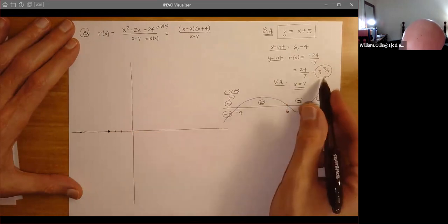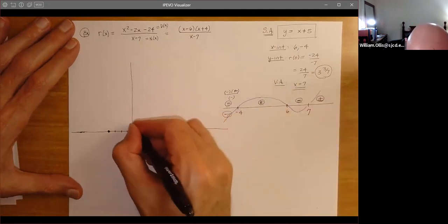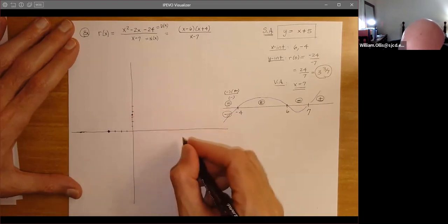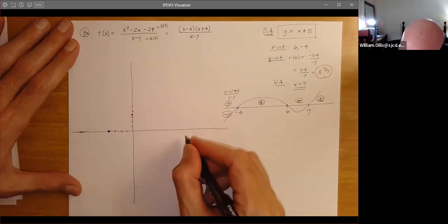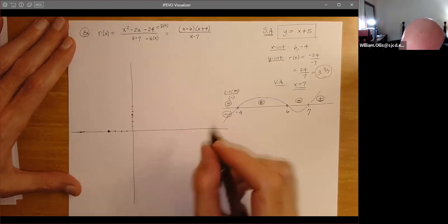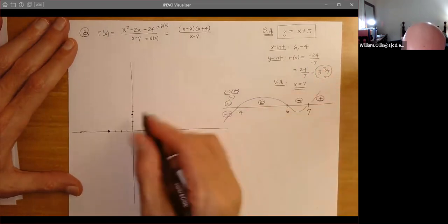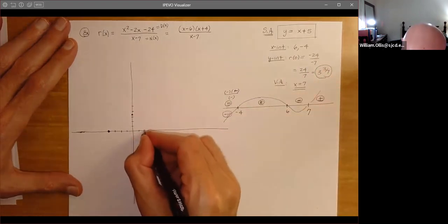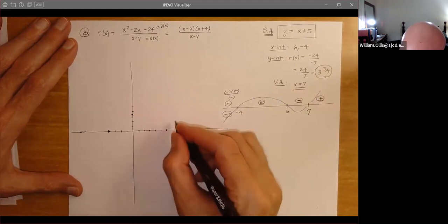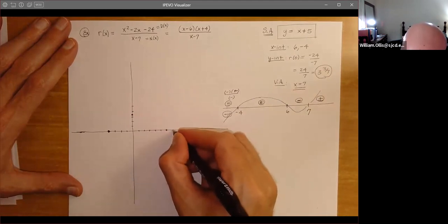And then y-intercept 3 3/7. So 1, 2, 3, 4, 5. So 3 3/7 about right there. And let's go ahead and put in the other one, 6. 1, 2, 3, 4, 5, 6. And then, of course, the asymptote right here, 7.